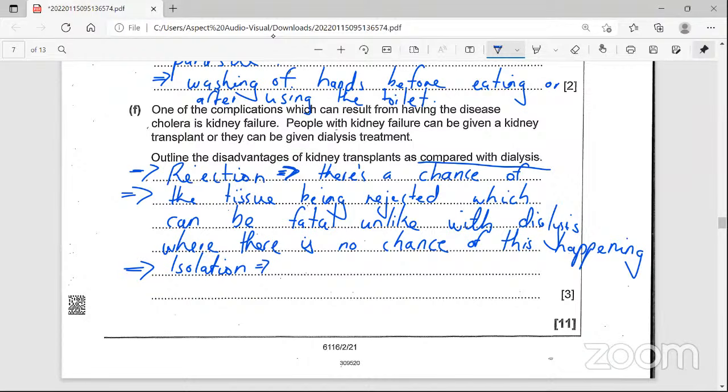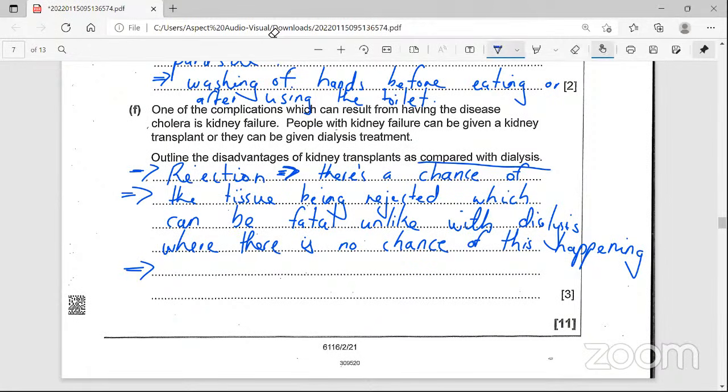What other point can we mention, guys, for a disadvantage of kidney transplant? Okay. Sir, it's expensive. Guys, let me tell you, there's another disadvantage for kidney transplant.